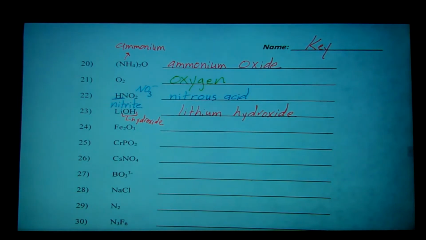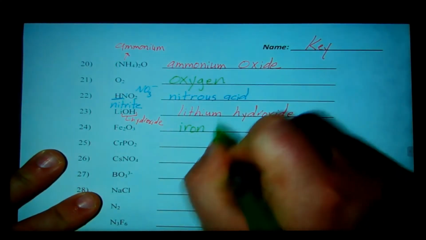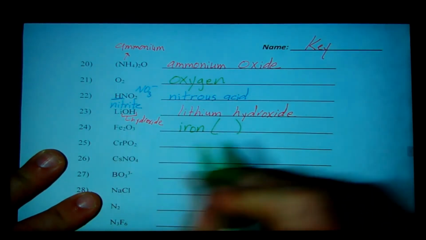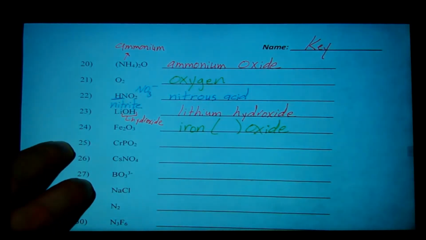Go to number 24. Number 24, I have iron. Iron is in the D block. So it is an ionic bond, but iron carries multiple different charges. Therefore, we must name it with a Roman numeral. So we will have iron, parentheses, with some charge, oxygen, so oxide. We have to find that charge there.